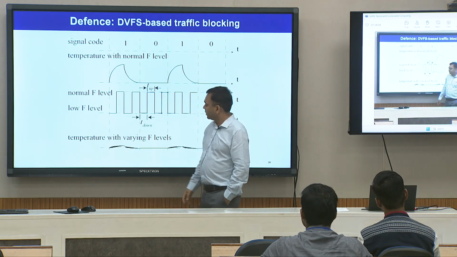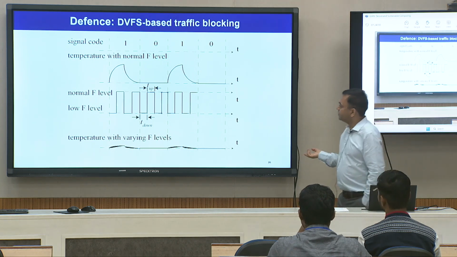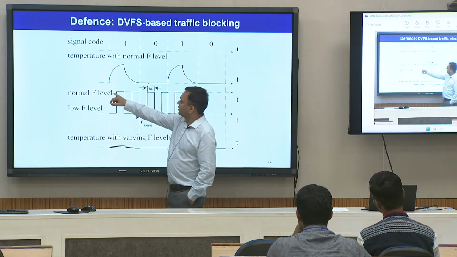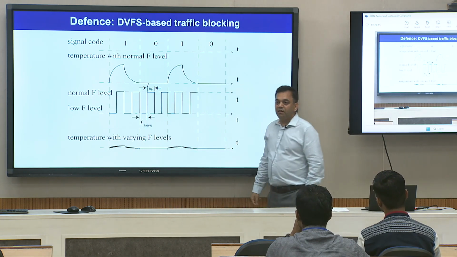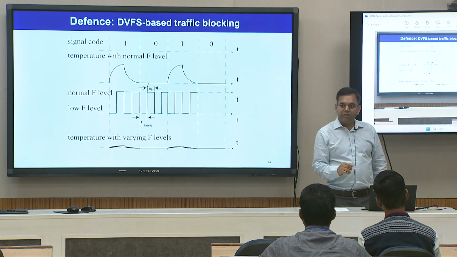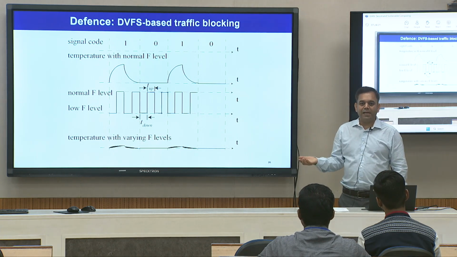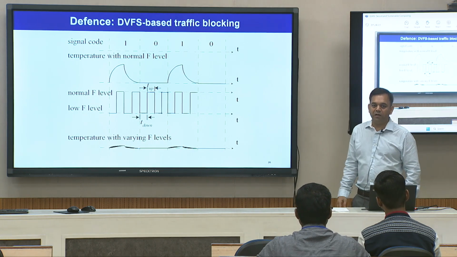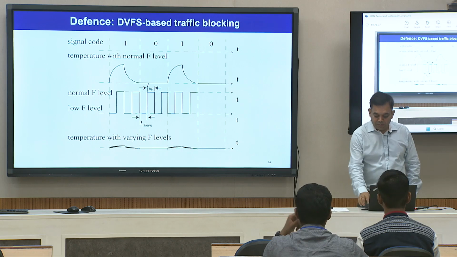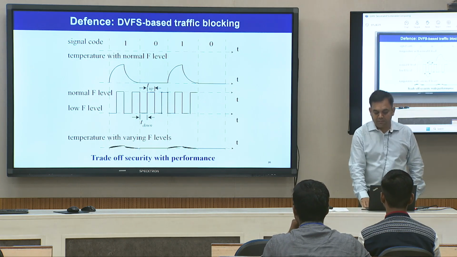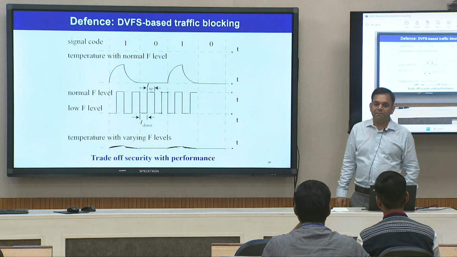So if you are doing something like this, you can see you are going from normal frequency level to low frequency level, right? Now when you go to low frequency level, you are also impacting the performance of the application that will be running on that core. So here you get some security, but you have to accept some penalty in terms of performance.